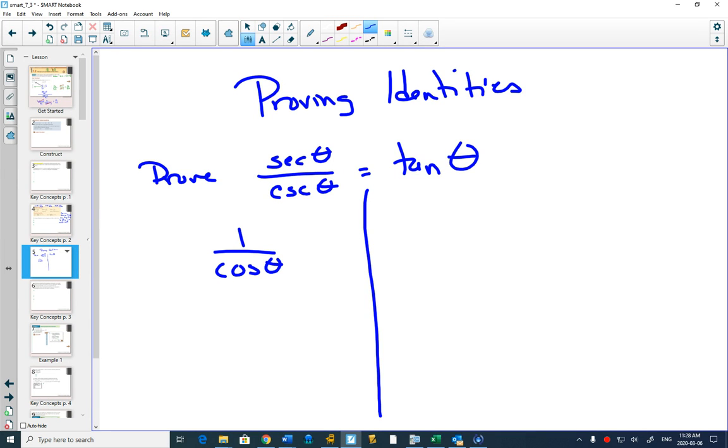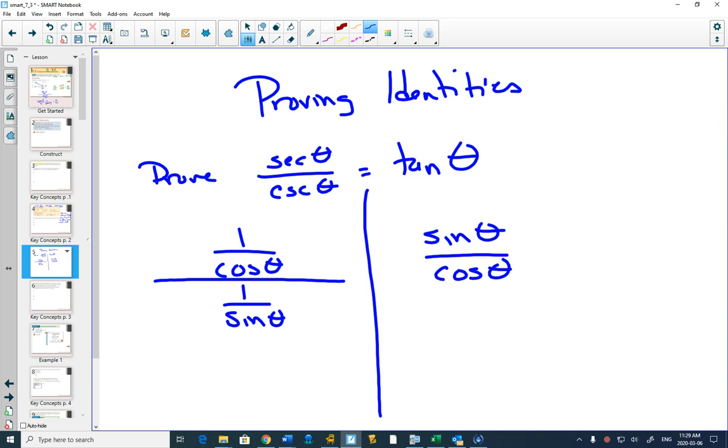And what could I change cosecant to? 1 over sine. So here's my main division line. I'm going to make that one longer. So cosecant theta is 1 over sine theta. And what can I change tan theta to? I can change it to sine theta over cos theta.